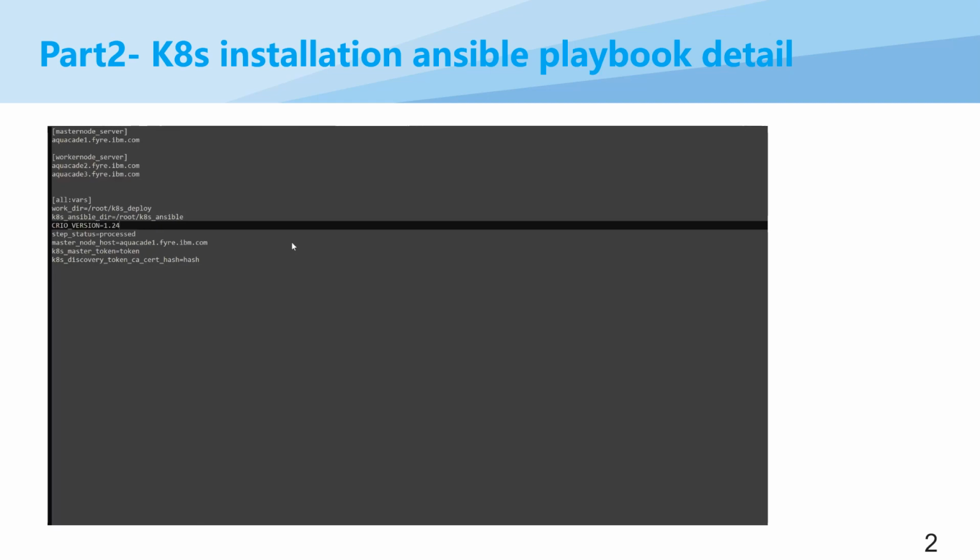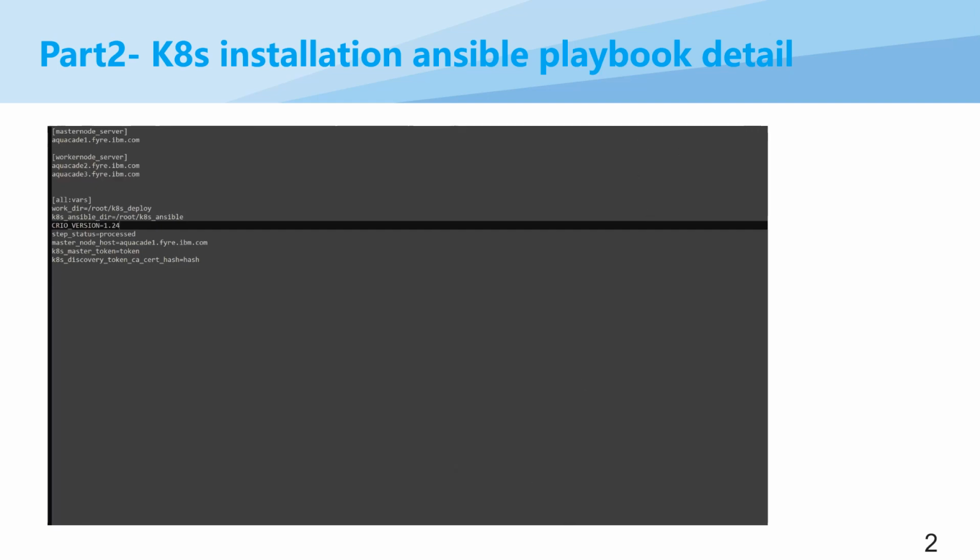The most important are the last 2 lines: the Kubernetes master token and the Kubernetes discovery token CA cert hash. Those 2 parameters are for the worker nodes to join the cluster. I will cover that later.